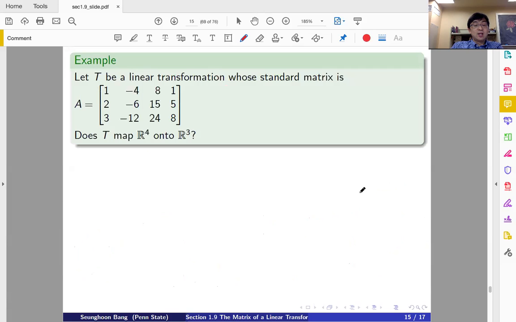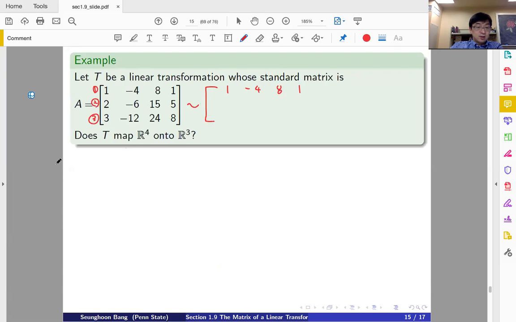Here's an example. Let T be a linear transformation with a given standard matrix. Does T map R4 onto R3 or not? How can you know that? You can change it to echelon form. Here, this is the first row, second row, third row. Keep the first row: 1, -4, 8, 1.